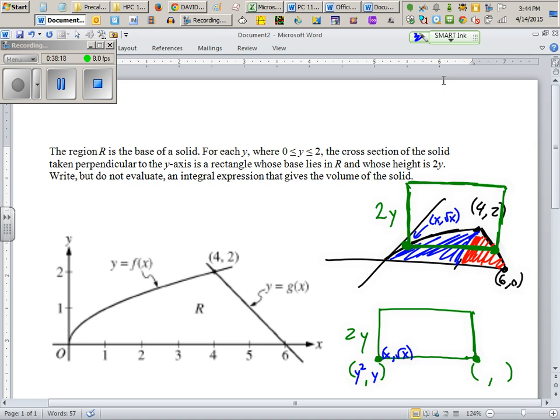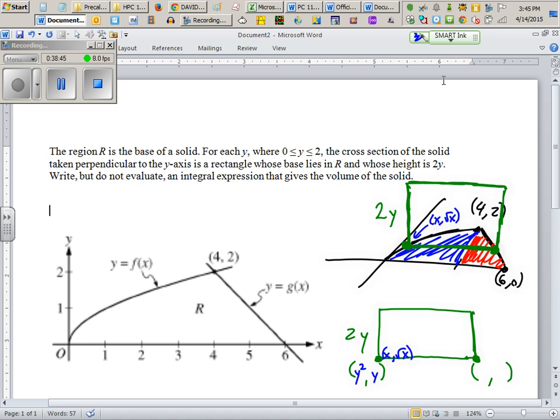Since x is the square of square root of x, if this was labeled y, then this would be y squared, you see. This is something I've got to teach my pre-calc kids this year, so don't stress about it next year. Having x, f of x here is the same thing as having f inverse of y here. Same thing, same point.